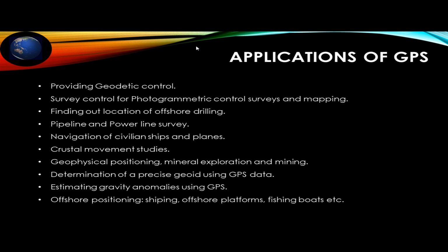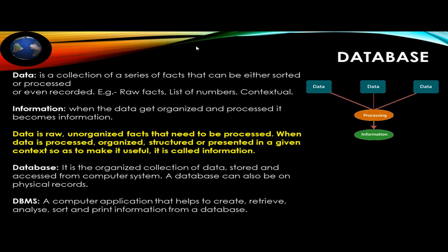So they use their own specific vehicles' information, from where they get the precise location or data to work further. So for us, what is needed? It is available, and people are working on more precise information. So this is the thing. Offshore positioning, shipping, as I told. So these things are the application of the global positioning system.